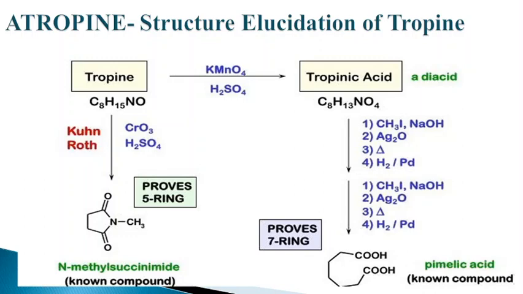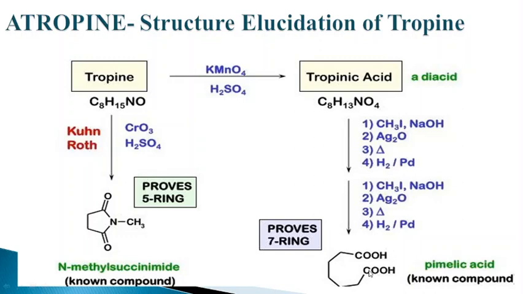It is then subjected to the second step of Hofmann's exhaustive methylation. Tropinic acid is subjected to it twice, converting it into an unsaturated acid. This means that when exhaustive methylation is done twice, a bicyclic ring is present in tropinic acid.